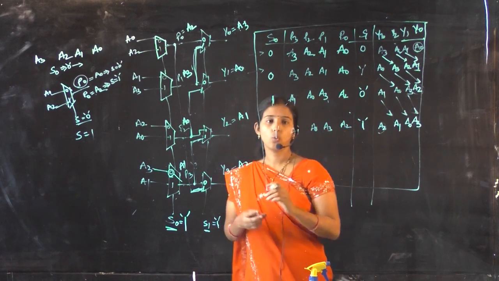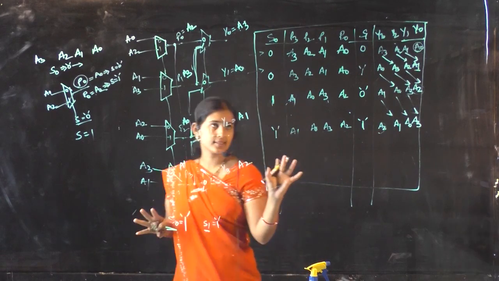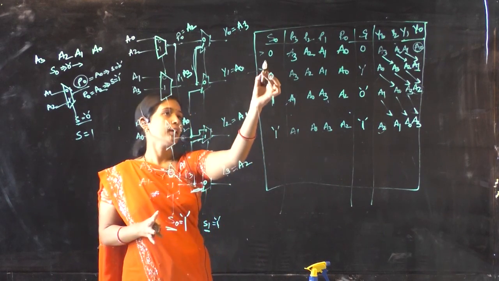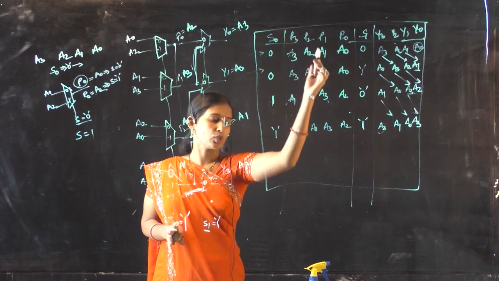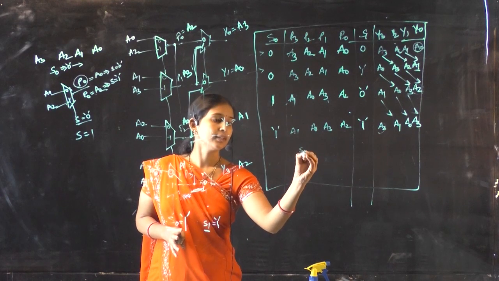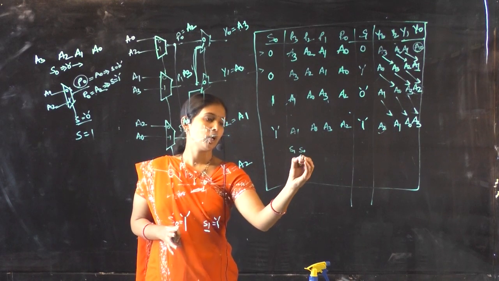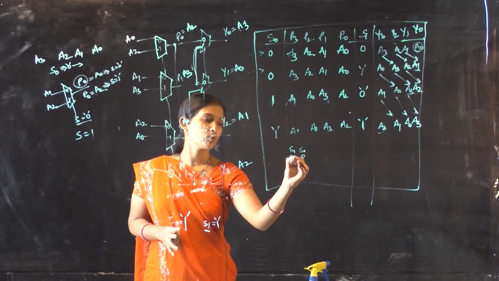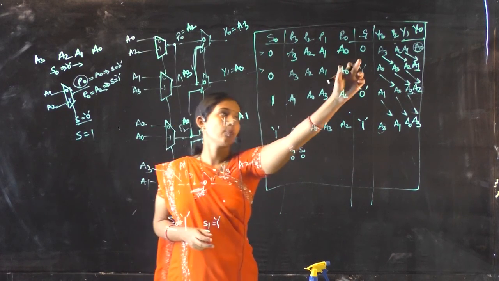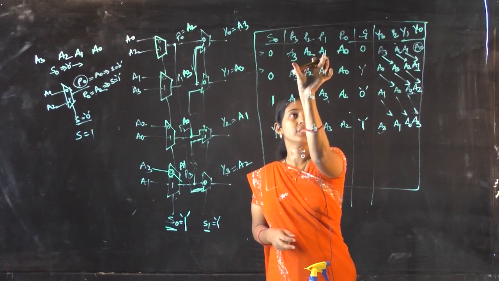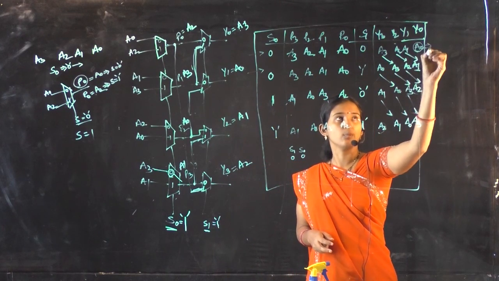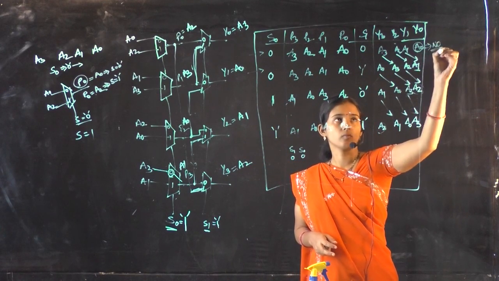That means, what is the main motto of all these things is that, see here, if selection line is equivalent to 0 0, see, I am writing here again S0 and S1. If selection line is equivalent to 0 0, what is happening? Whatever the data input, that is no change.